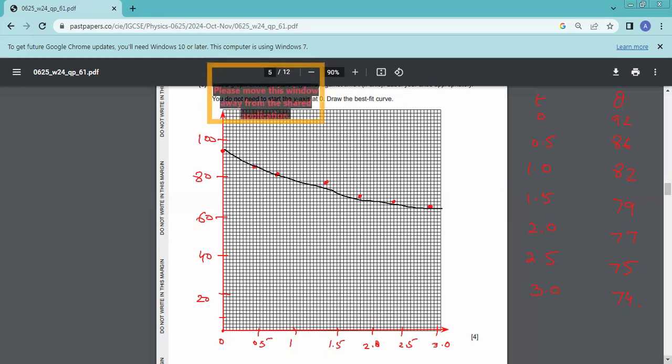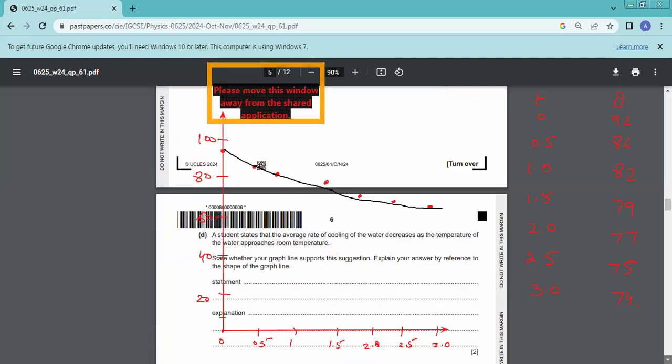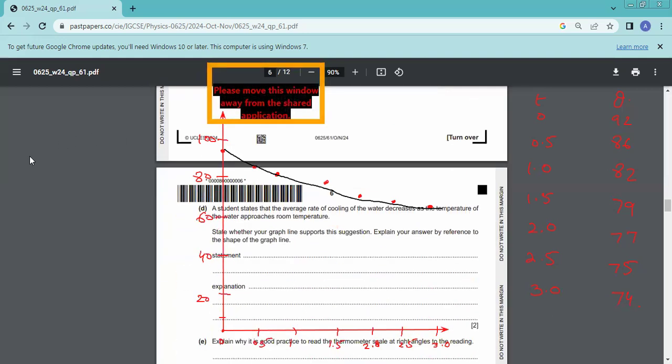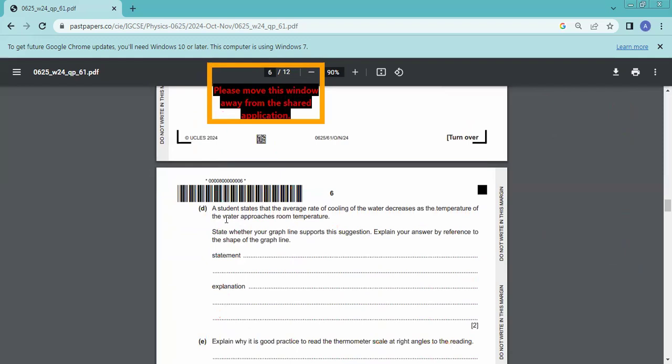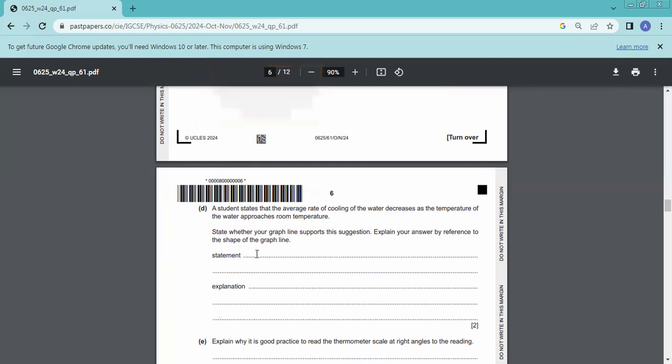So let's write it down. The student states that the average rate of cooling of the water decreases as the temperature of the water approaches room temperature. State whether your graph line supports this suggestion. Yes. So we are going to explain our answer with reference to the shape of the graph line. Let me just write down the statement here.